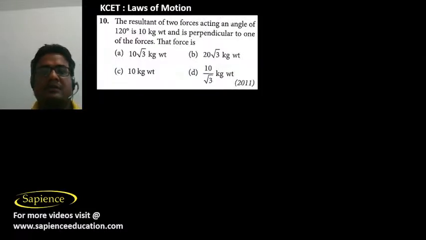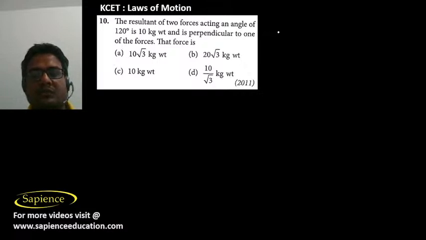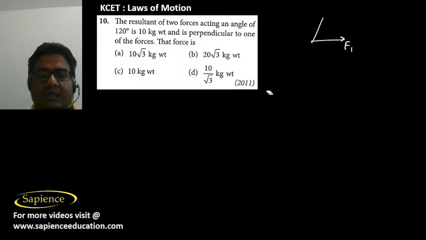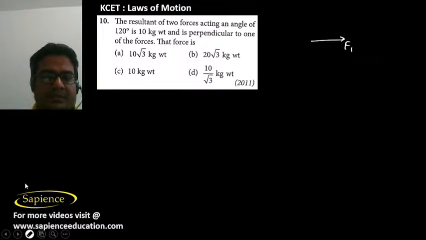Then it is told that the resultant of two forces acting at an angle of 120 degree is 10 kg weight. One force is F1 and one force is F2, and they are at an angle of 120 degree.